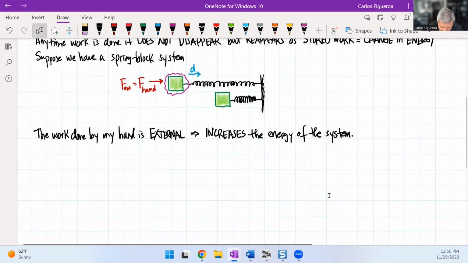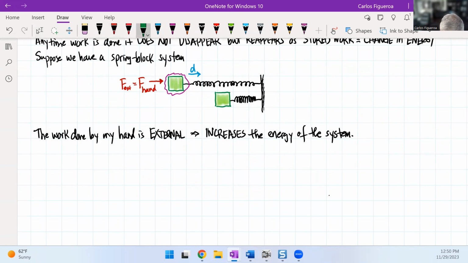So when we look at this picture-wise, we could say there's some amount of energy in the block, right? In this case, we call it U, and I'll call this U1. And I'm going to do some external work, and that external work then increases the energy of this system.